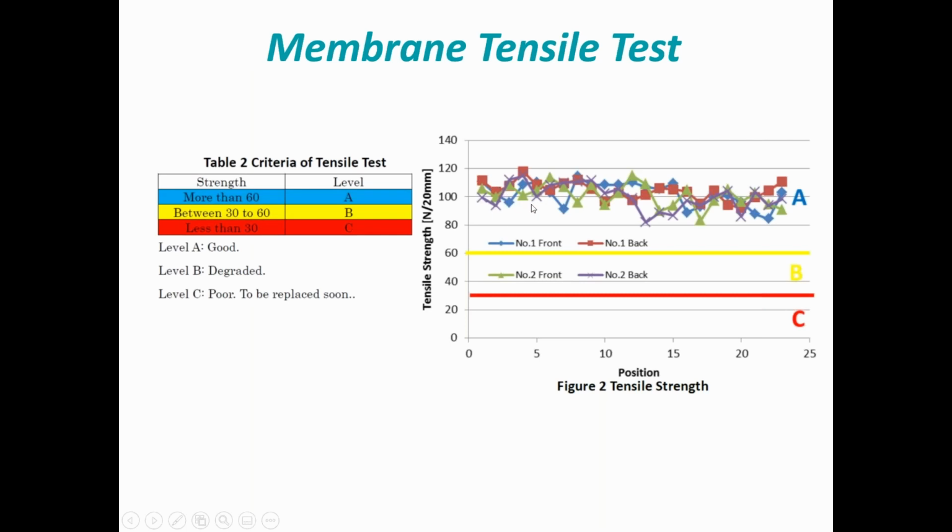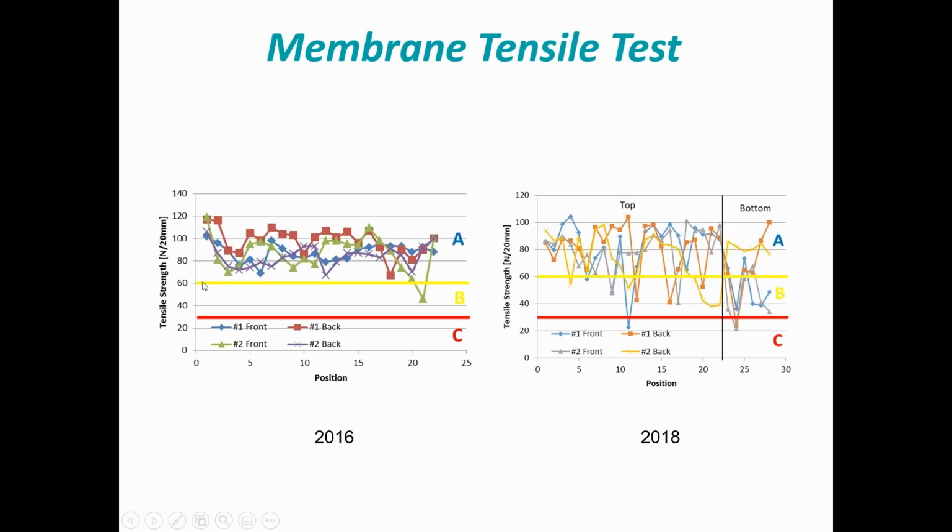So this is the strength test result. This plant shows pretty good strength even after certain years. This yellow line is a result from a plant in Oregon, and this was tested in 2016. We had one data point showing less than 60%.